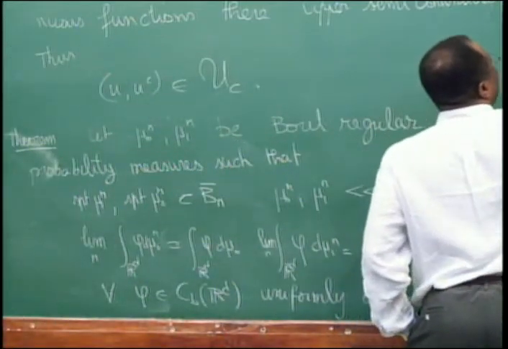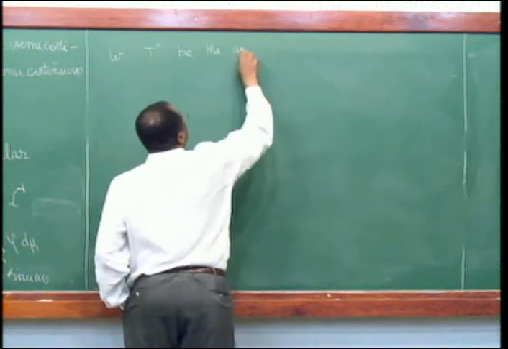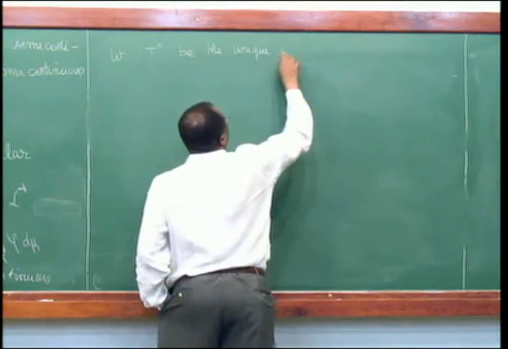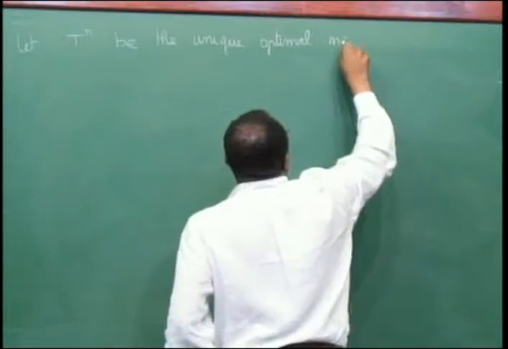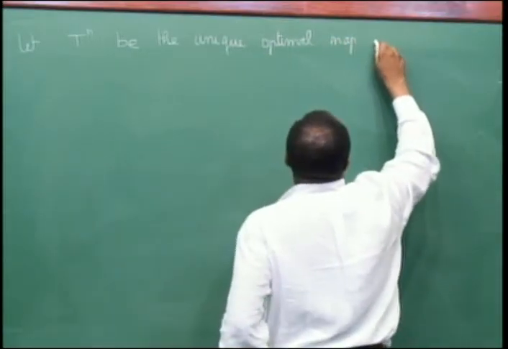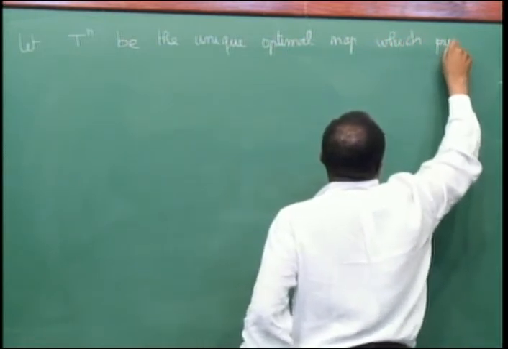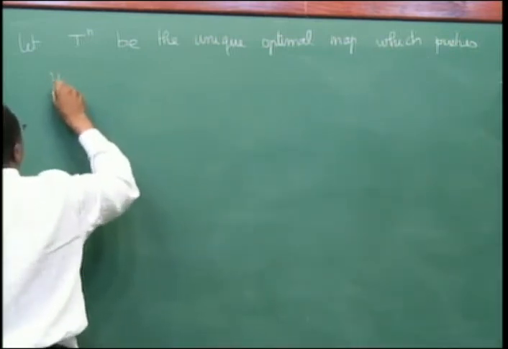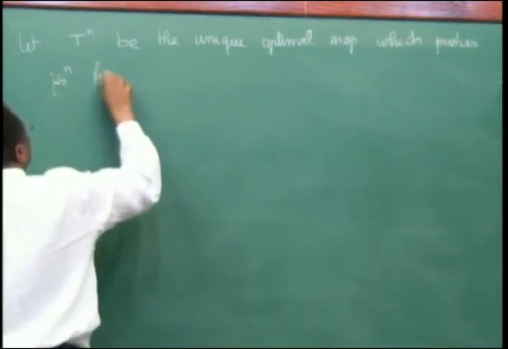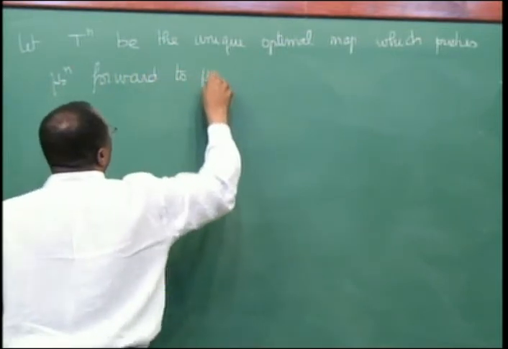Let Tn be the unique optimal map which pushes mu naught n forward to mu 1n.